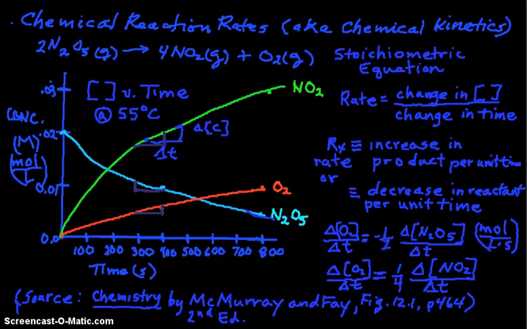So let me clear the screen here and calculate the slope of the oxygen between 300 and 400 seconds.